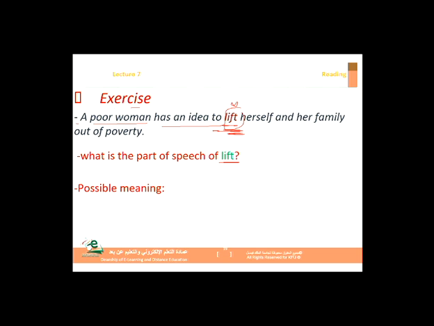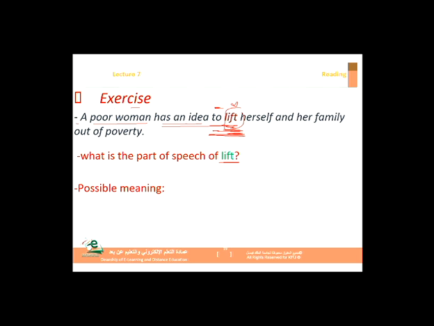Because it's preceded by "to." We cannot really say "to house." This is an infinitive construction. So she has an idea to do something, right? So lift has to be a verb.